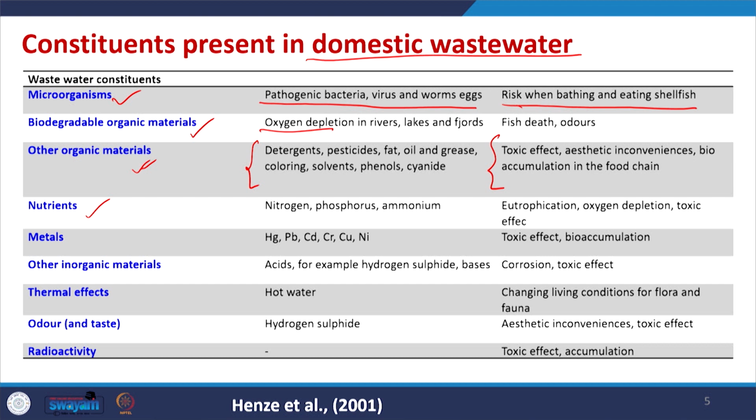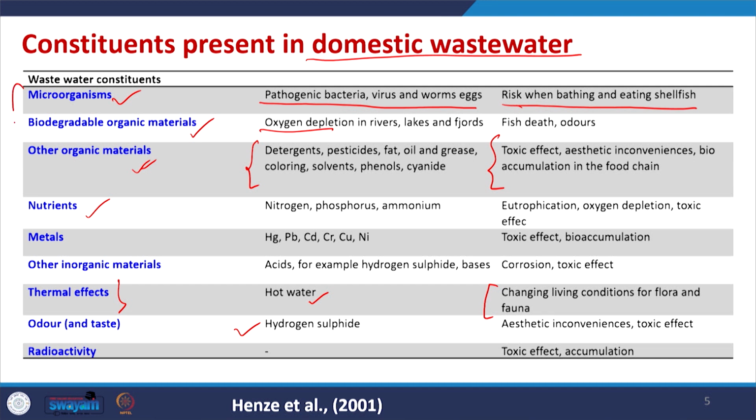Similarly, thermal effects may be there if the water is at a higher temperature, in particular the water which is generated from thermal power plants, which has a temperature much higher than the usual temperature of the water. That means hot water conditions may be there, and under that condition the flora and fauna may change. Odor and taste may also be different. Hydrogen sulphide may be present depending upon the anaerobic condition or not.